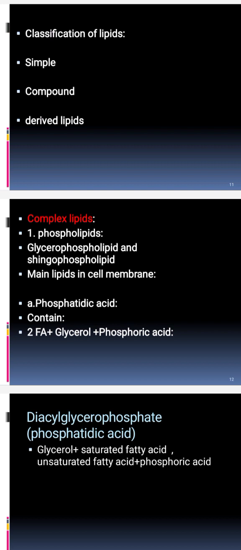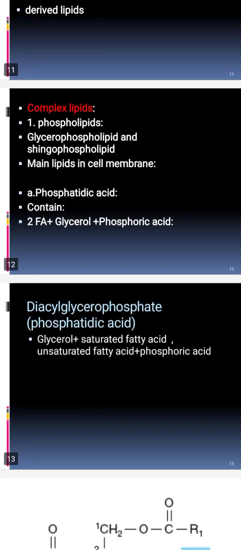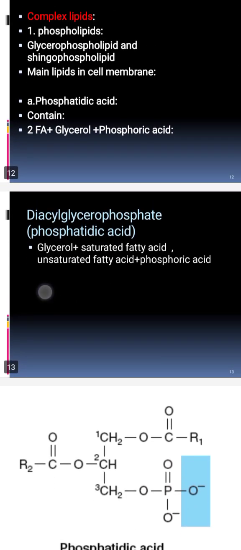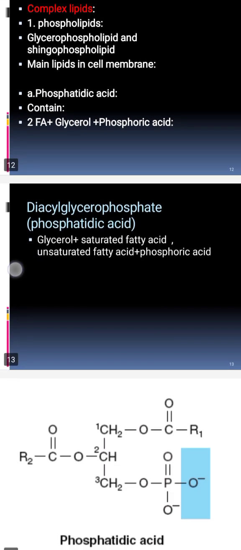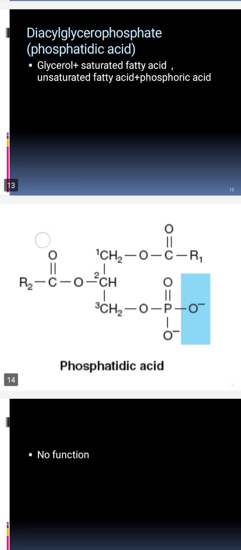So of course its alcohol is glycerol, so it contains 2 fatty acids plus glycerol plus phosphoric acid. Also it can be called diacyl glycerophosphate. If we have a look at this diagram, we will find that phosphatidic acid contains glycerol plus saturated fatty acid and unsaturated fatty acid plus phosphoric acid.